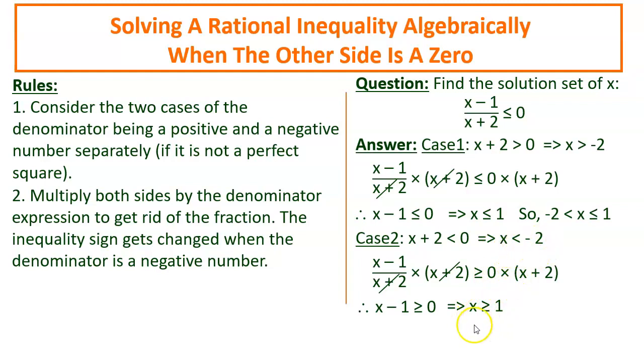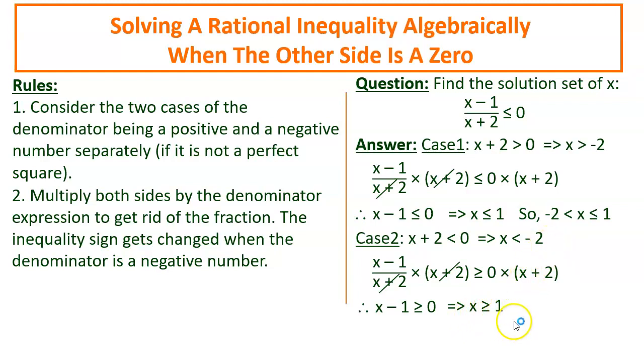X is less than -2 and is greater than or equal to 1. Because these two are in the same case, when x plus 2 is a negative number, x plus 2 being negative gives the solution set of x as x is less than -2. And from the given inequality we are getting the solution set of x as x is greater than or equal to 1.